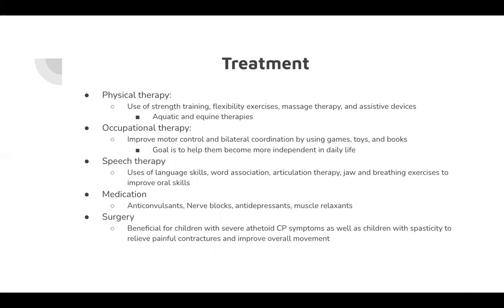Speech therapy uses language skills, word association, articulation therapy, and jaw and breathing exercises to improve oral skills. Medications include anticonvulsants, nerve blocks, antidepressants, and muscle relaxants. Surgery can be beneficial for children with severe athetoid CP symptoms, as well as children with spasticity, to relieve painful contractures and improve overall movement.